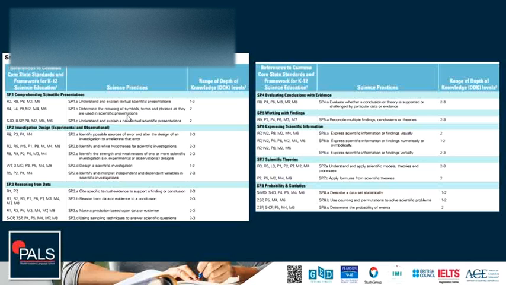Here let's just have a look at the main titles: comprehending scientific presentations, investigation design, experimental and observational, reasoning from data, being able to understand and reason from graphs and tables, and textual evidence, evaluating conclusions with evidence, working with findings, expressing scientific information, scientific theories, and probability and statistics.